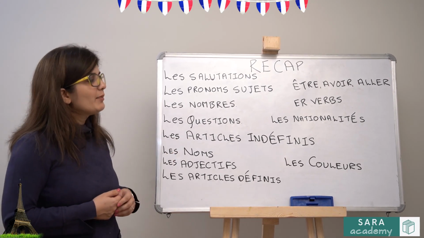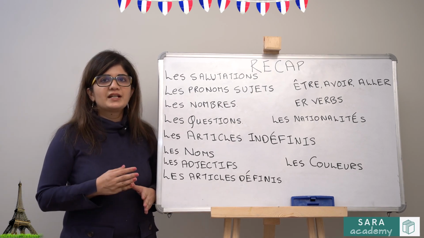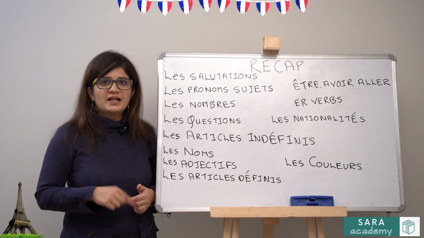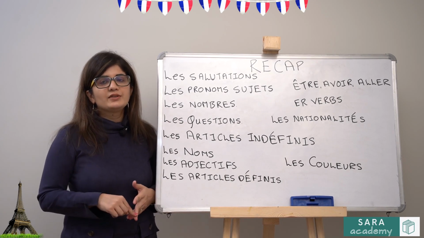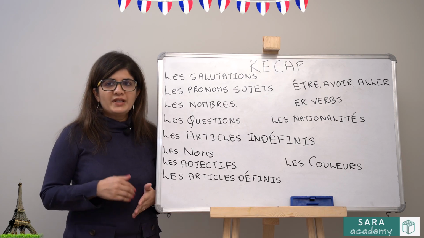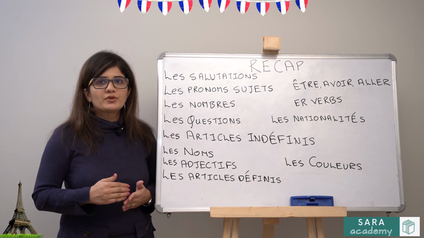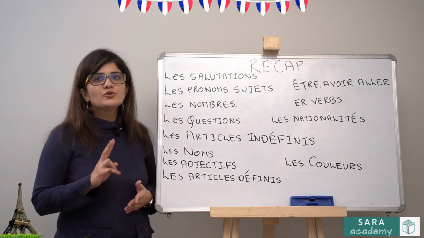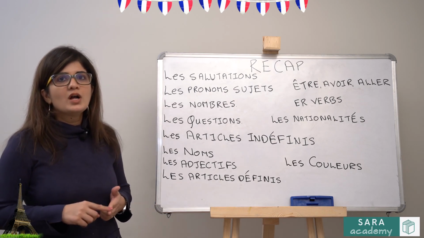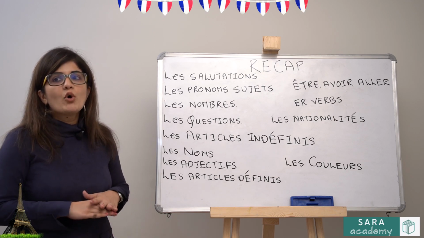And then we studied colors. So colors are also like adjectives. There are 4 forms to it: masculine singular, feminine singular, masculine plural, feminine plural. So you make a color feminine by adding an E, and you make a color plural by adding an S. The 2 most important ones, marron and orange, remain invariable in all their forms.